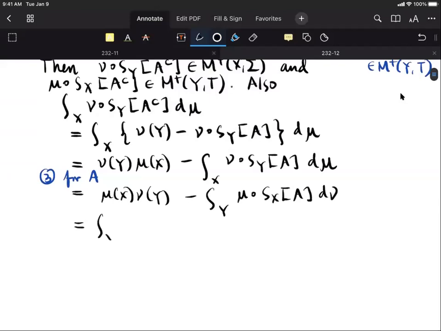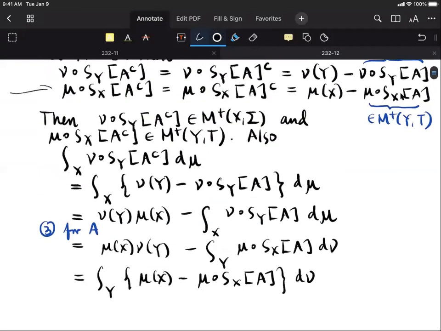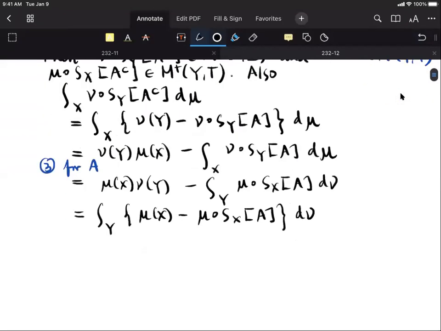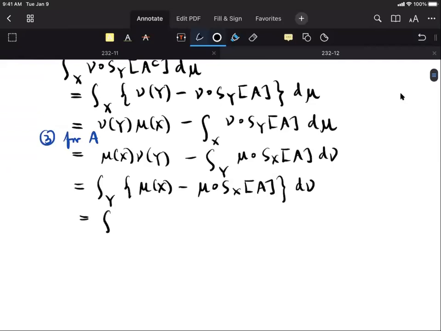So reversing the above process, this can be written as follows. So as a single integral, again by linearity, and applying this second equation here, is the same as the integral of mu of the section of the complement.